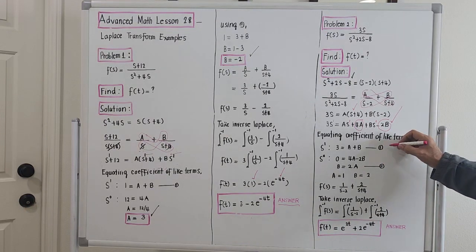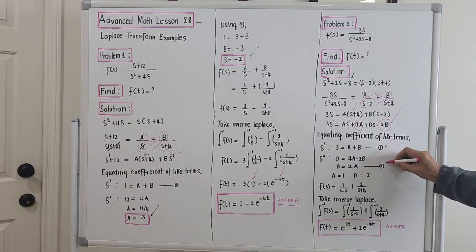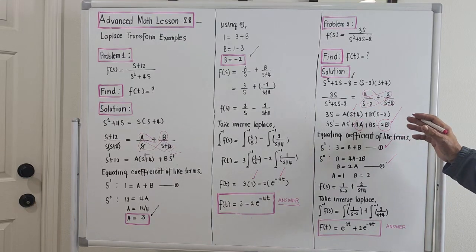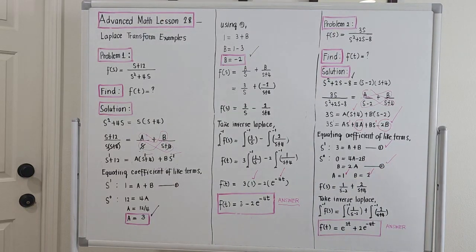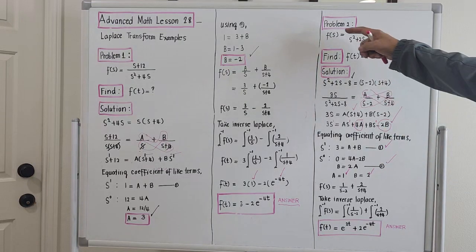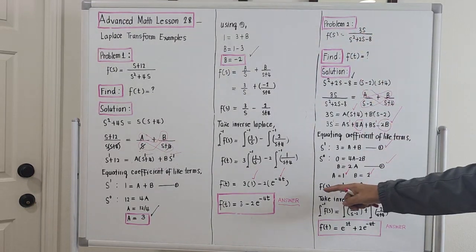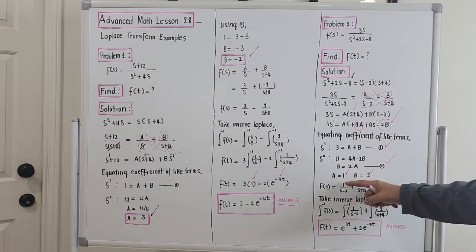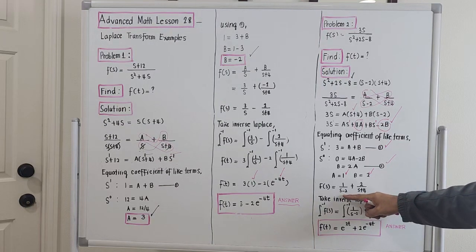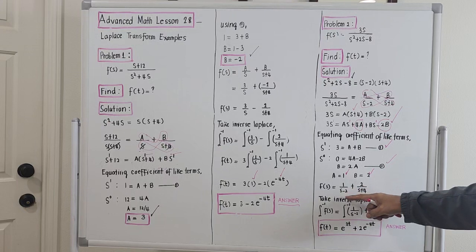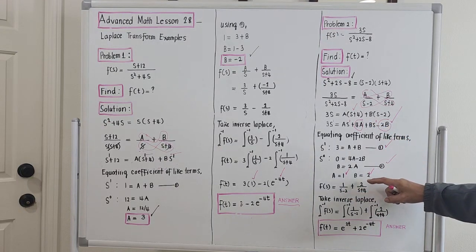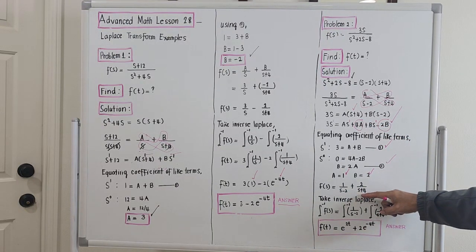So solving equations number 1 and number 2 simultaneously, if you try to solve this by yourself, A will be 1 and B is equal to 2. That's pure algebra. Therefore, going back to the given function, F(s) will be 1 over (s minus 2) plus the value of B, which is 2, all over (s plus 4).